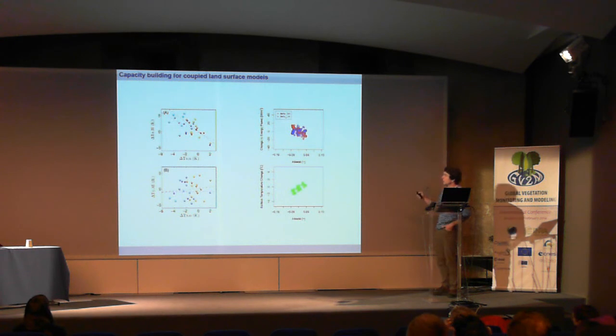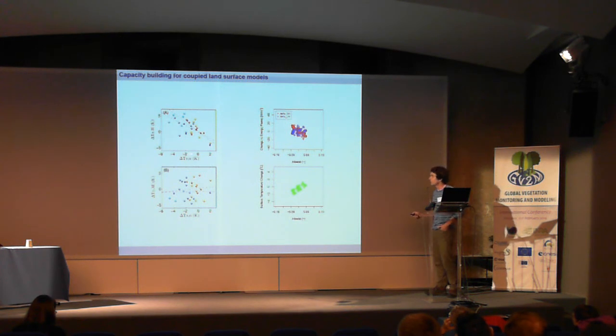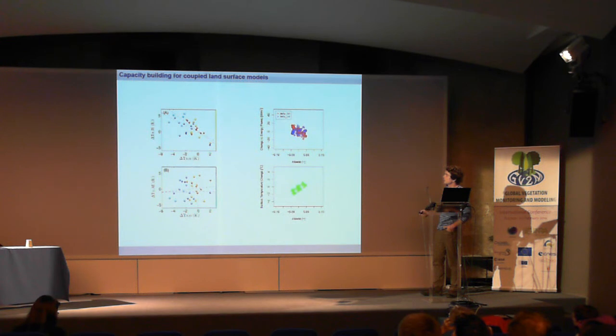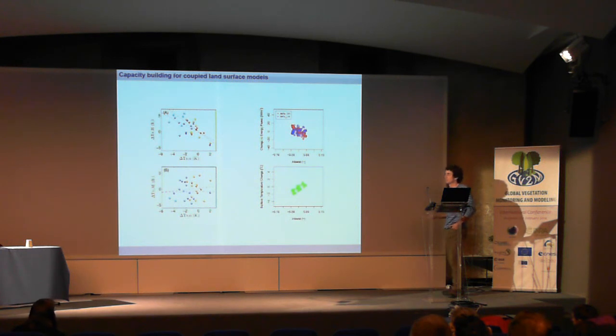And then we also continued a little bit with the data analysis of the FluxNet sites that triggered part of this story. If we look at the FluxNet sites, we see that the change in surface temperature due to change in albedo has a negative correlation with the change in surface temperature due to a change in sensible heat.